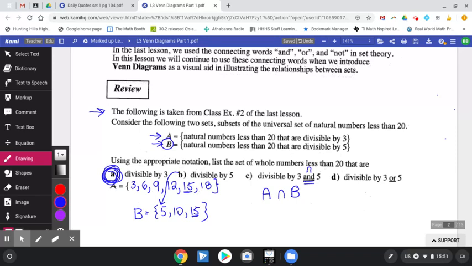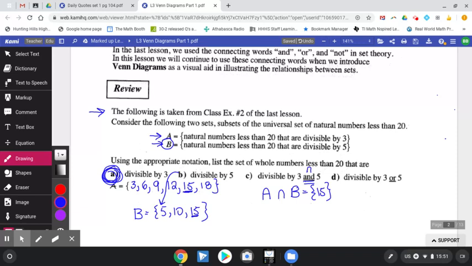I am looking for numbers that belong to both set A and set B. So the only number that belongs to both is 15. And that's the set that we would be looking at. And then for D, divisible by 3 or 5.